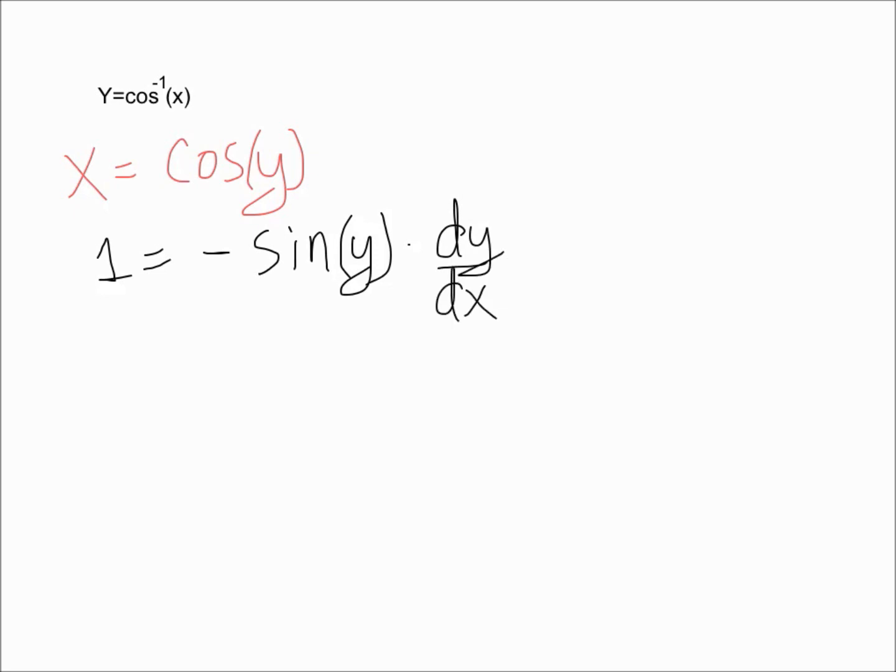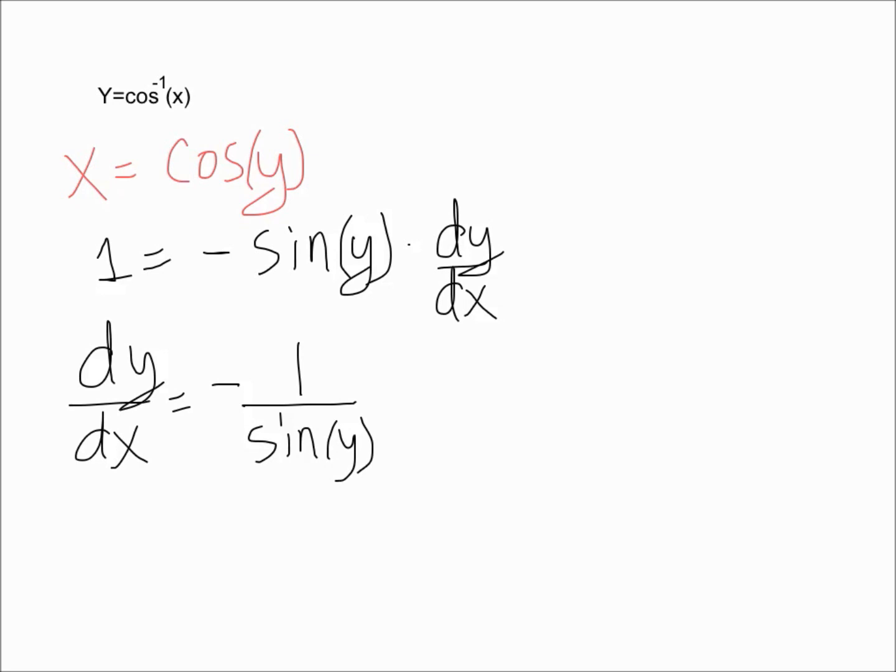We want dy dx, so dy dx is equal to negative 1 over the sine of y. And we want to make that into cosine, so we use the same identity, cosine squared of y plus sine squared of y is equal to 1.